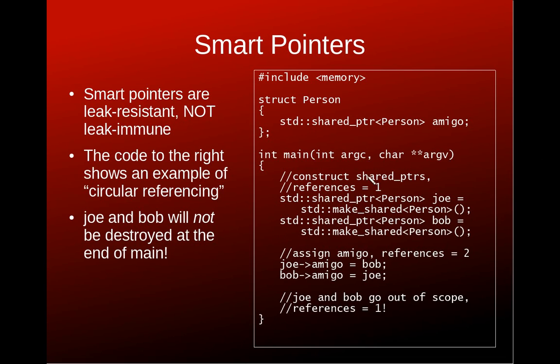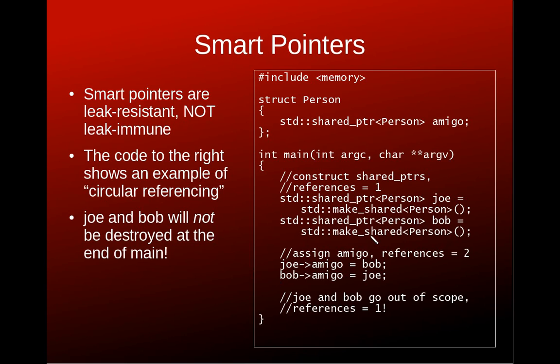So we have a shared pointer to Joe and a shared pointer to Bob. So when we assign a shared pointer, it increments the reference counter, okay? So we say that Joe's amigo is Bob, okay? So references to Bob is incremented, and now there's two references to Bob. We set Bob's amigo to Joe, okay, and now references to Joe is 2.